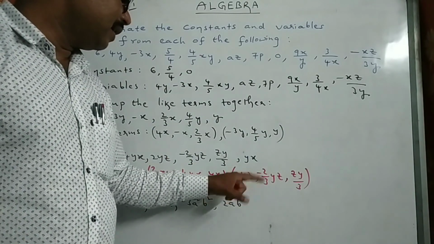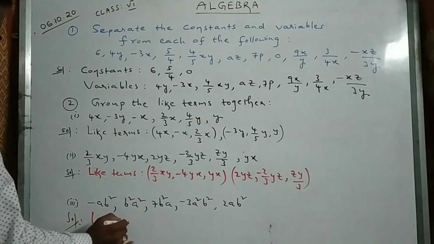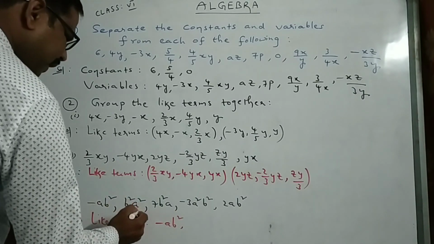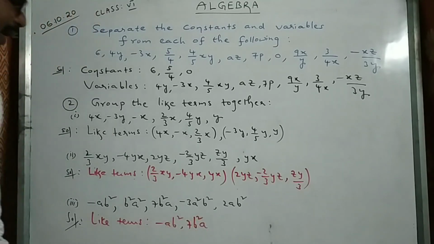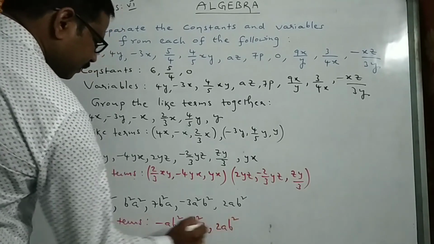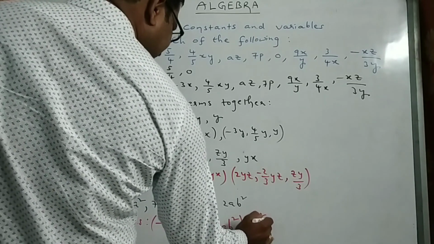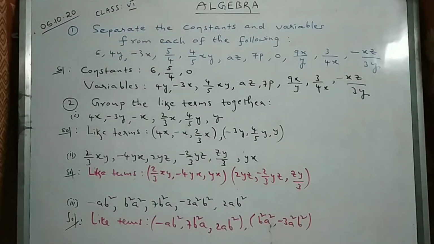Y into z or z into y. So here what are the like terms? So minus ab square, here also ab square is there, b square a or ab square both are same, 2ab square. These are the like terms. Next one, b square a square minus 3a square b square. So they are the like terms there. A square b square or b square a square same terms.